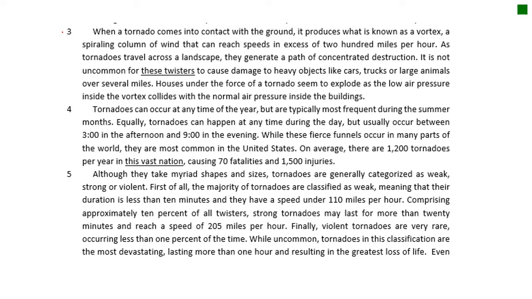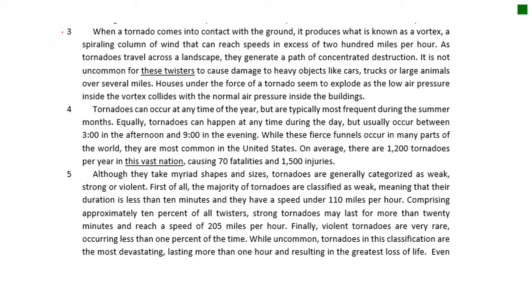Paragraph 3: when a tornado comes into contact with the ground, it produces what is known as a vortex. Okay, we all know what a vortex is. A spiraling column of wind that can reach speeds in excess of 200 miles per hour. Miles, that's like every mile is like 1.2 kilometers. This is huge speed.